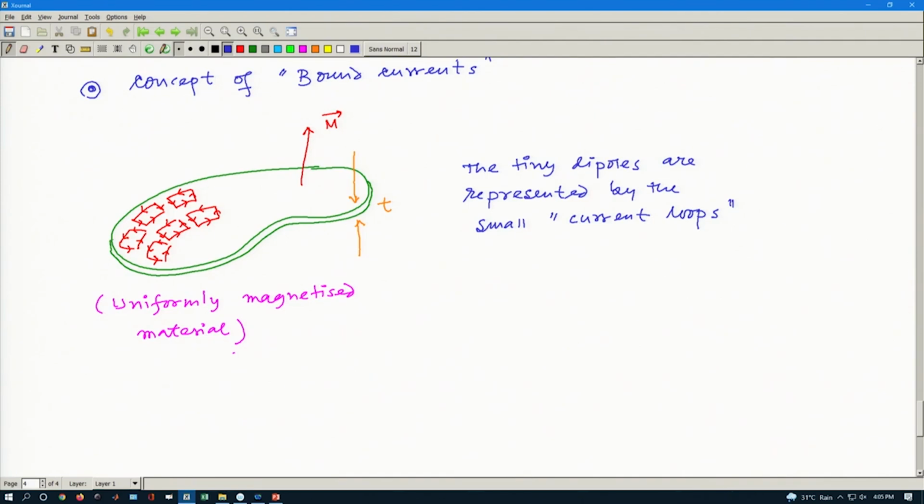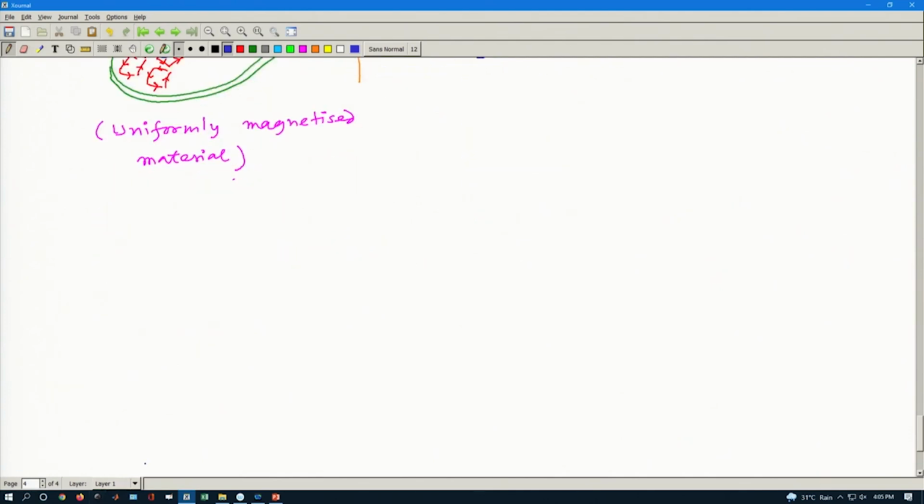Now, if you look carefully at this figure, you find that all the internal currents are cancelling out. Suppose this is one of the internal currents that is cancelling because they are moving in opposite directions. In a similar way, I can have another current loop here, and they are cancelling each other. These current loops are equal and opposite.